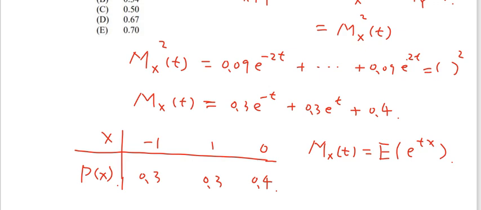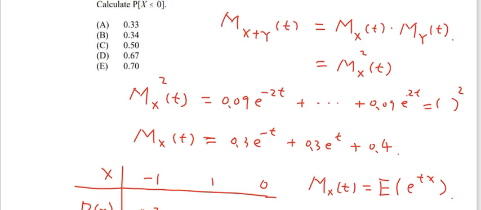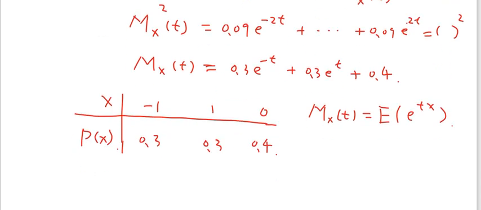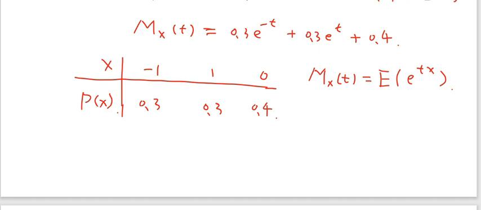So now we know the distribution for x, then we can find the probability that x is less than or equal to 0. So this equals 0.3 plus 0.4.